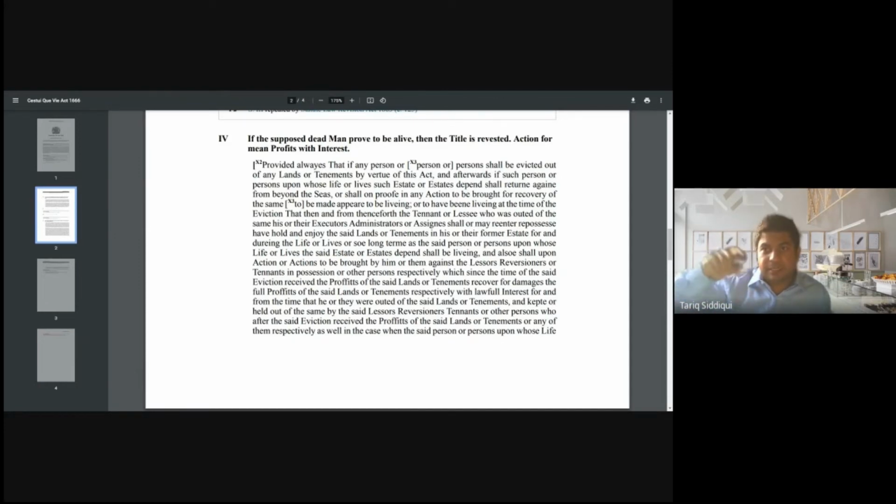The title is towards you being dead, and that title is now revested, meaning that re means again, vested means vested in something, right? So re-vested means in this context, and I'm using a little bit of the help from the Parsec syntax here, that now there's a break in the chain, in the linking of the chain, that said that you were dead every 7 years. You were considered dead every 7 years. Now that chain has been broken. And action for mean profits with interest.